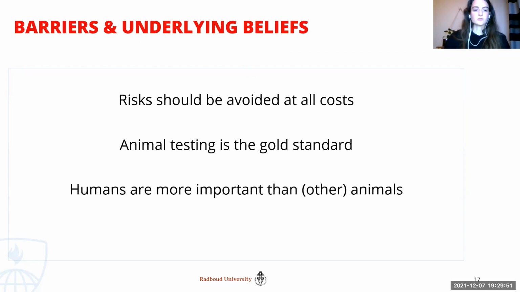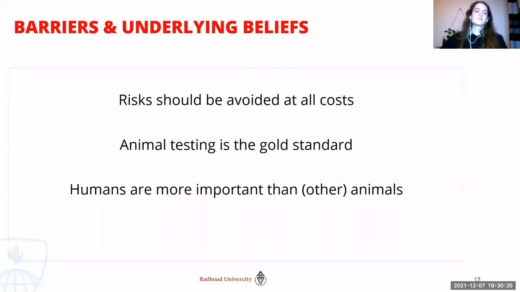And then there is also the belief that humans are more important than other animals. I've put "other" between parentheses because I would say other animals; humans are also a species of animals. But there is quite a hardcore belief in society that humans are not animals. You could even say that this underlies the belief that you first have the separation of humans and animals, and then you also have the hierarchy of humans being more important than other animals.